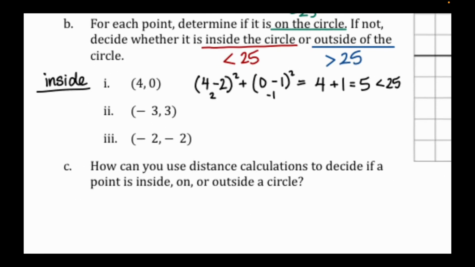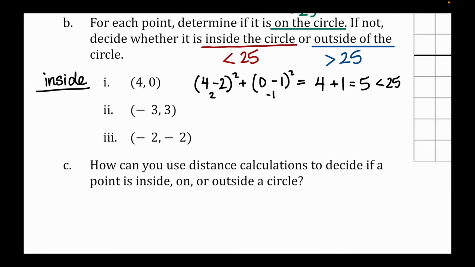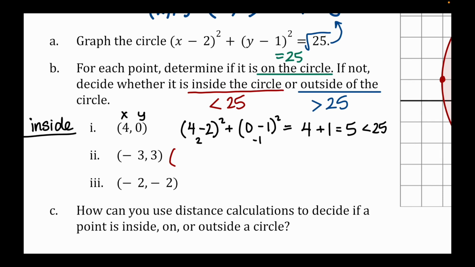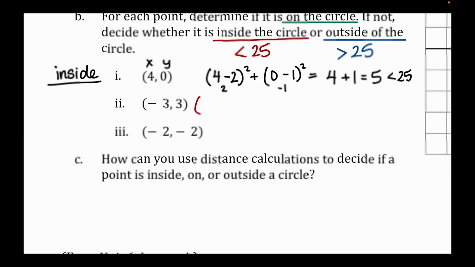I'll change my colors up just so that my work isn't running into itself here. Now I'm plugging these values in for x and for y in the equation. I'm leaving the h and the k values that they gave me in the equation, the minus 2 and the minus 1. So I'm going to now have negative 3 minus 2 squared.